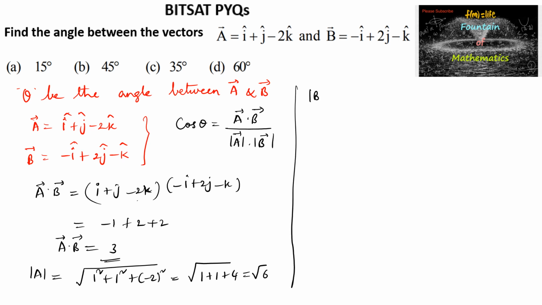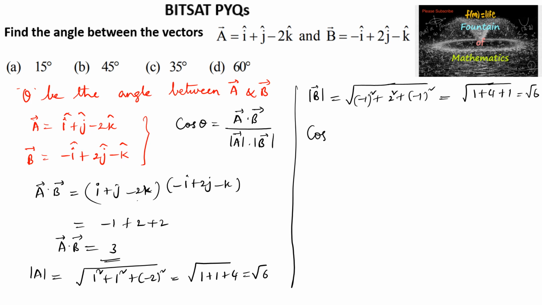And again mod B is equal to under root of minus 1 whole square plus 2 square plus minus 1 whole square, which is equal to root of 1 plus 4 plus 1, which is again root 6.